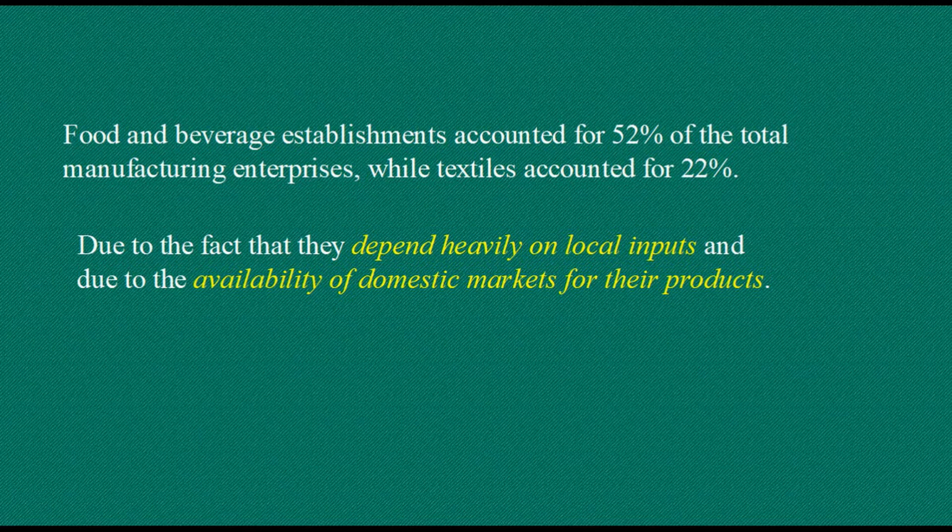Their inputs are not imported from outside the country. The inputs are available at large from the agricultural sector. This is one reason. And due to the availability of a domestic market for their product, there is a huge market domestically for those products. These are the reasons for the expansion of food and beverage and textile manufacturing enterprises more than the rest of the other manufacturing enterprises.